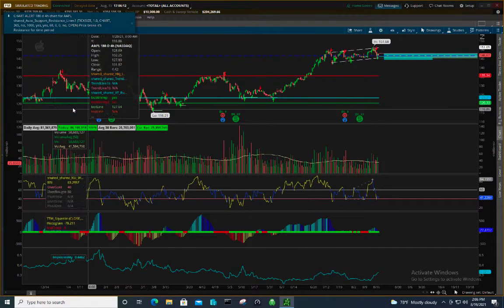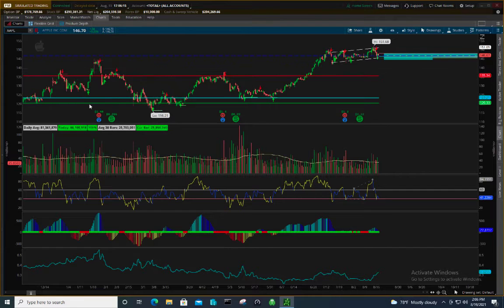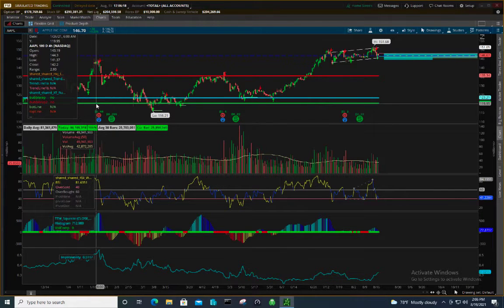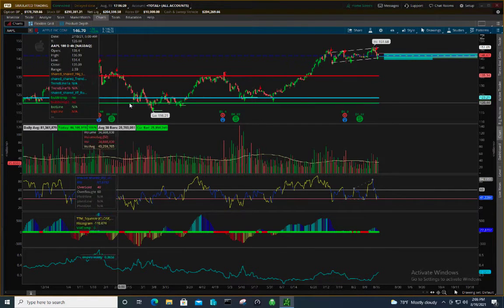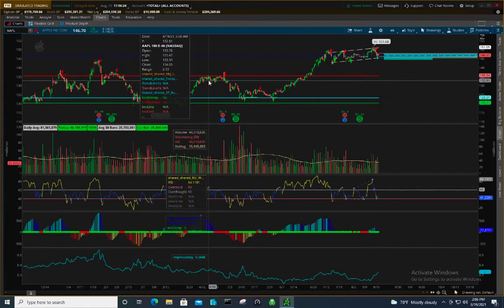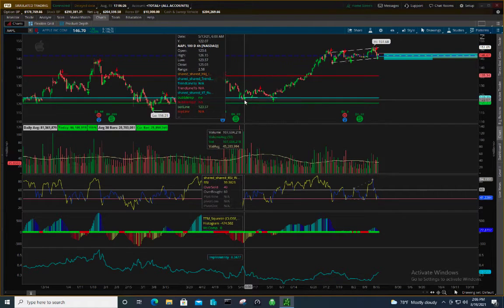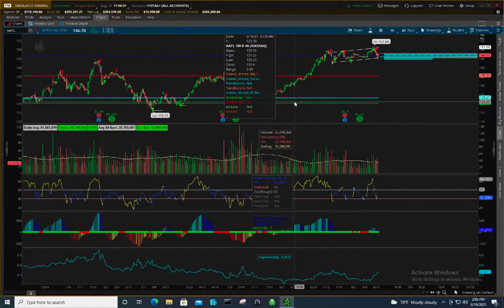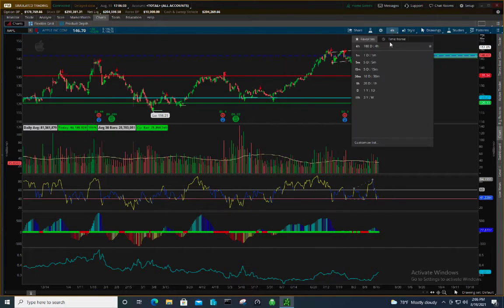So for Microsoft, you see it has a strong support at 119, that whenever it came down to 119, it went back up. It came down, it went back up. It came closer to like 122 and then went back up. So 119 is a very strong support for Microsoft over a period of 180 days.